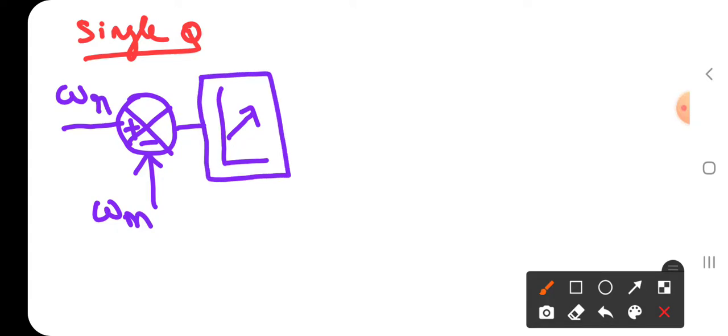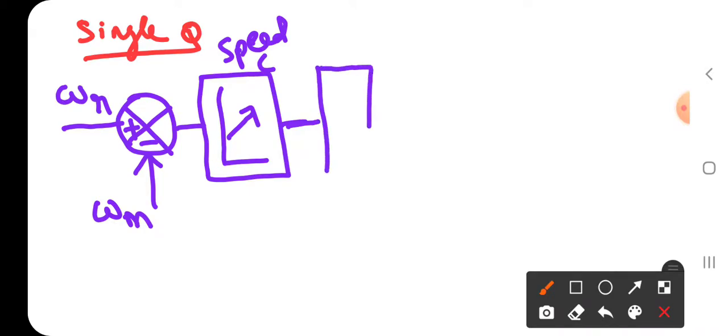Next, this is given to the current limiter, because speed depends on the voltage and torque depends on the current.